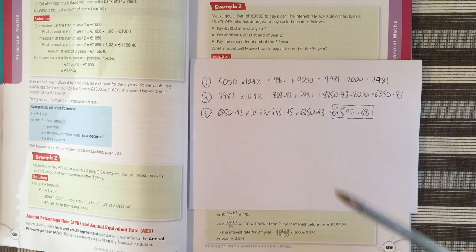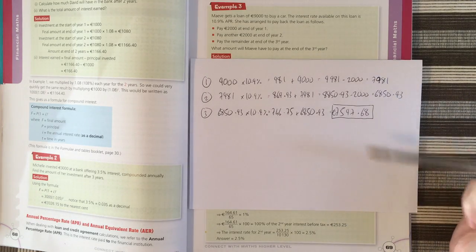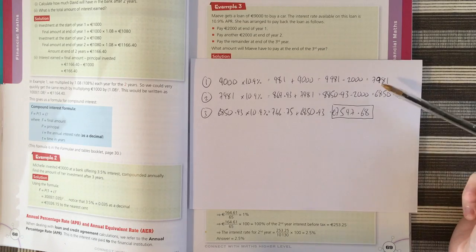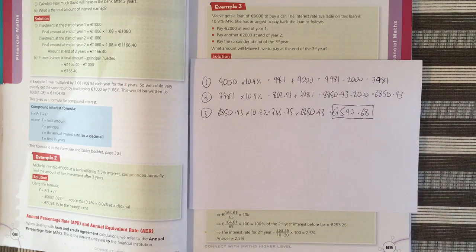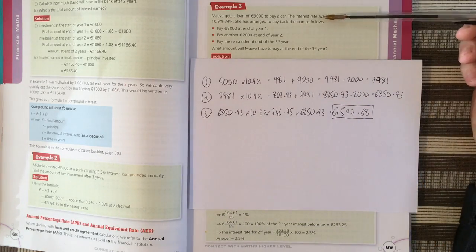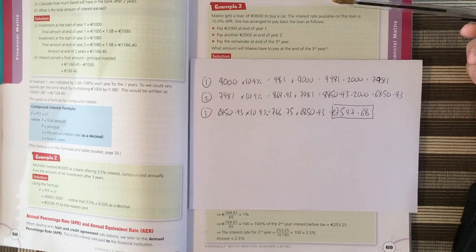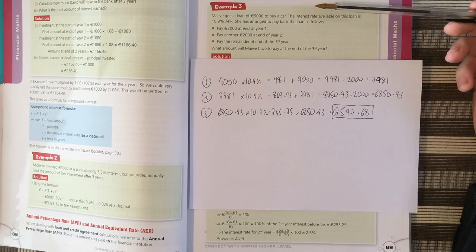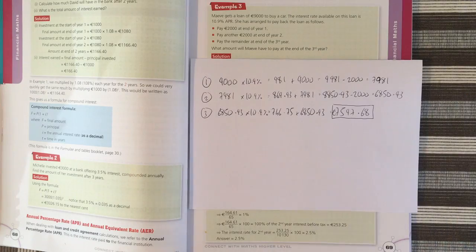And again, the reason I couldn't use the formula there is because of the repayments. Okay, so if you're repaying money or you're borrowing extra money, or if the interest rate changed, if any of that happens, you cannot use that compound interest formula from the log tables. Okay, so the same would be the case in a deposit question, in a savings or investment question, where I was, as I said before, withdrawing money, depositing more money in, or if the interest rate changes. All right.